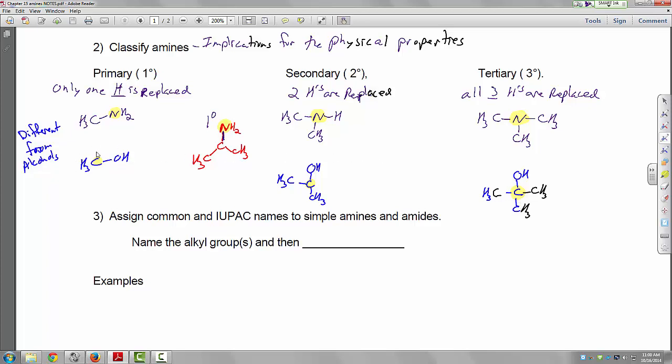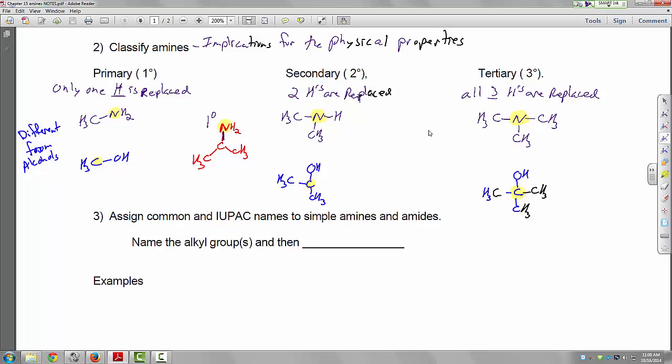A primary alcohol could be oxidized to an aldehyde and then to an acid. A secondary alcohol could be oxidized to a ketone. Tertiary alcohols could not be oxidized. Well, when we talk about primary, secondary, tertiary with amines, we don't even talk about oxidation reactions for amines, but we will be talking about the difference between primary, secondary, and tertiary with regard to the physical properties.